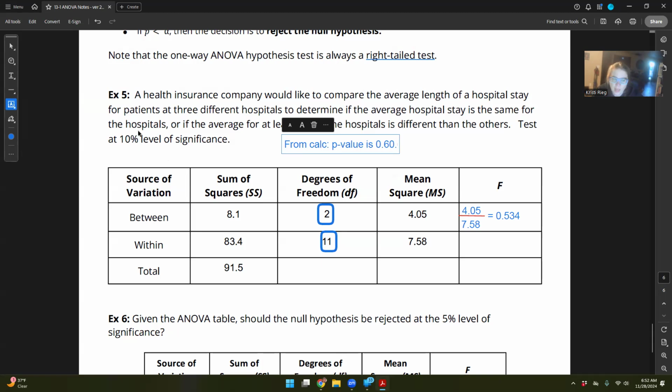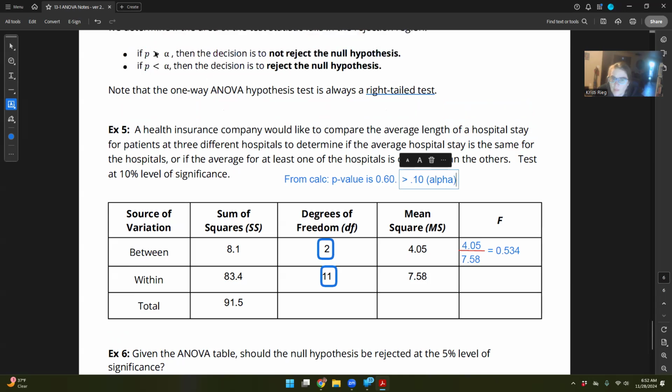We're comparing that to alpha, and 0.60 is greater than 0.10, which is alpha. So since 0.60 is greater than 0.10, we will not reject the null hypothesis.